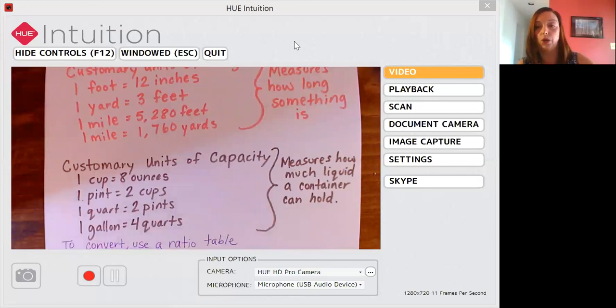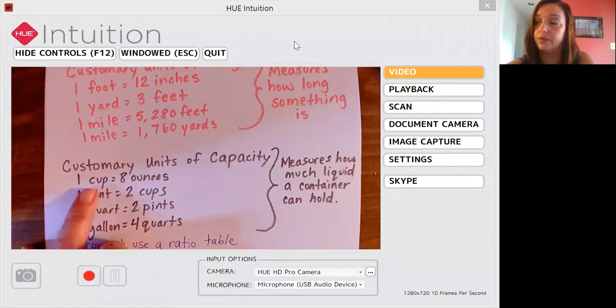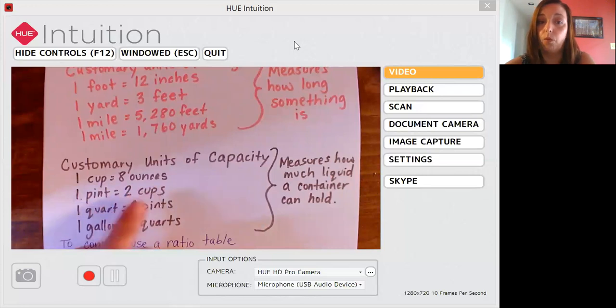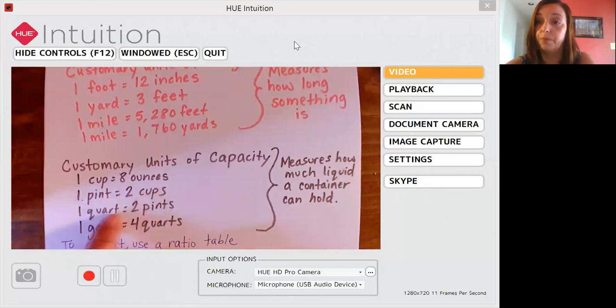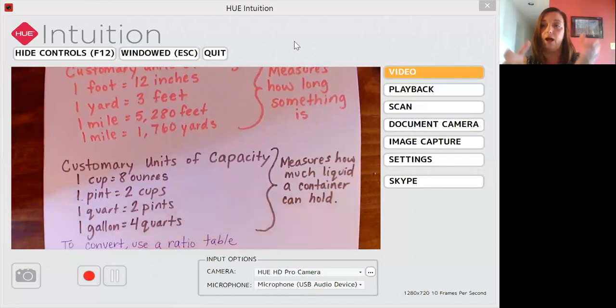We can measure capacity with cups and ounces, and we learned that 1 cup equals 8 ounces. We also learned that 1 pint is equal to 2 cups, 1 quart is equal to 2 pints, and 1 gallon is equal to 4 quarts. Those are the units of capacity, measuring how much liquid the container can hold.